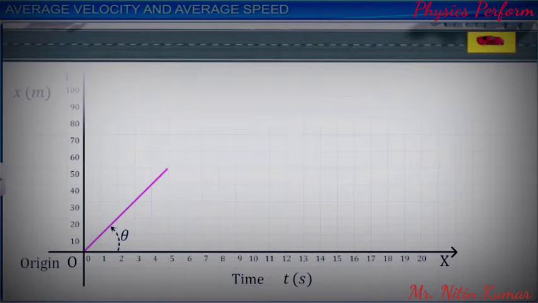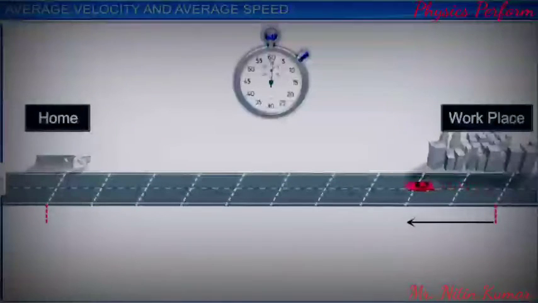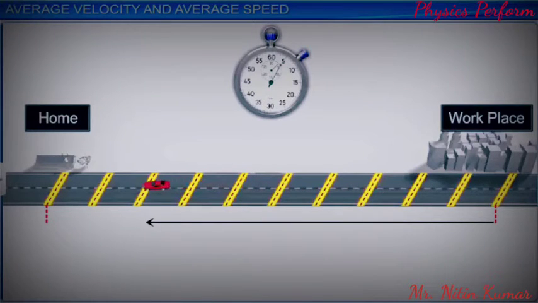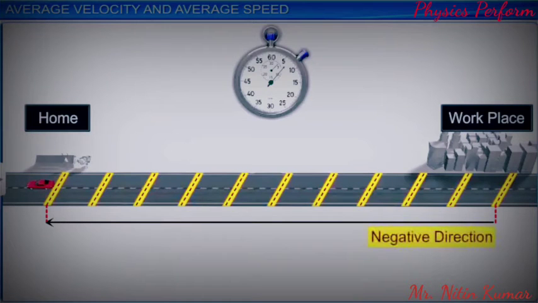When the man returns home, the car makes equal displacements in equal intervals of time, in the negative direction. The graph now is a straight line making a negative slope with the time axis. When the total displacement of the car is considered, it is 0.